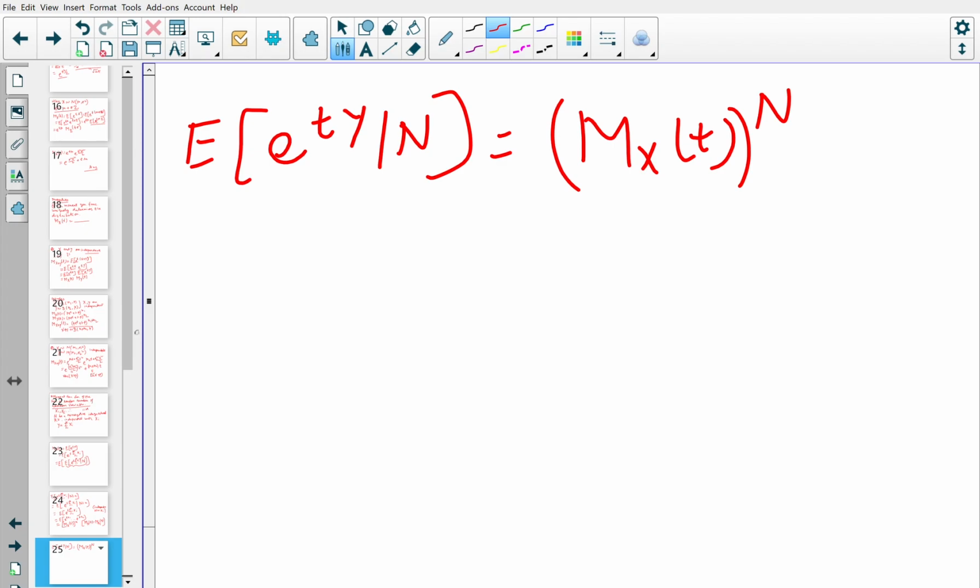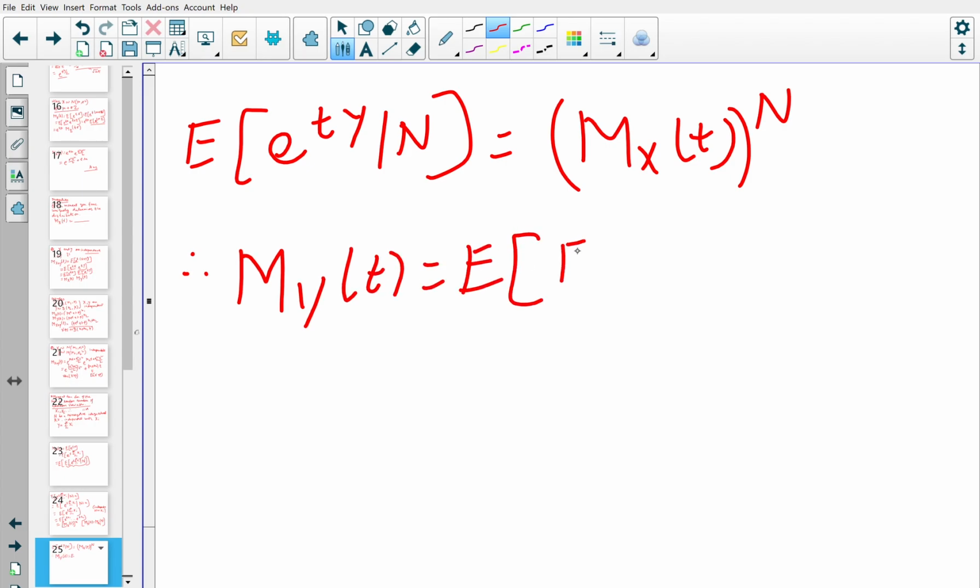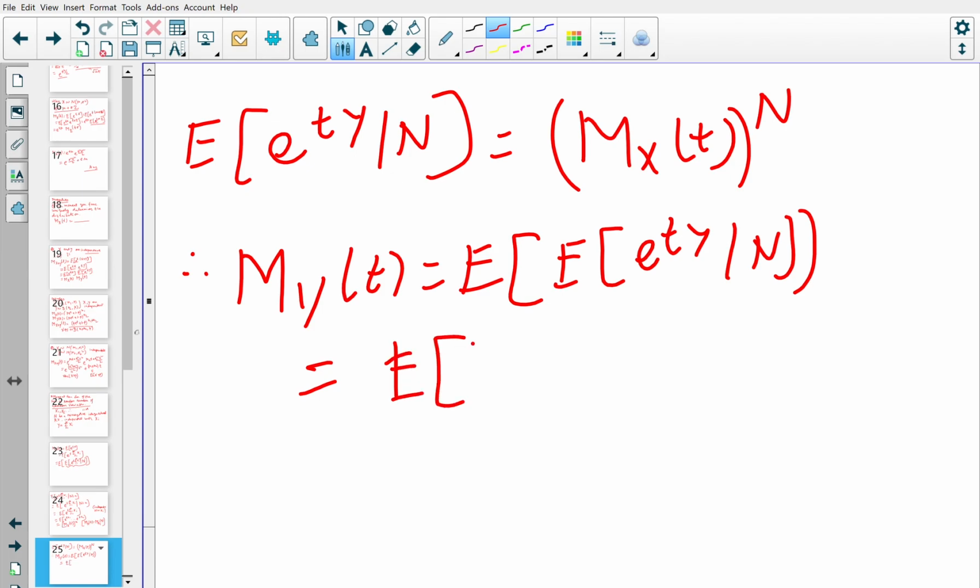Hence the moment generating function of Y at t is nothing but the expectation of e to the power tY given N, which is nothing but the expectation of M_X(t) to the power N. Okay, so this is the answer.